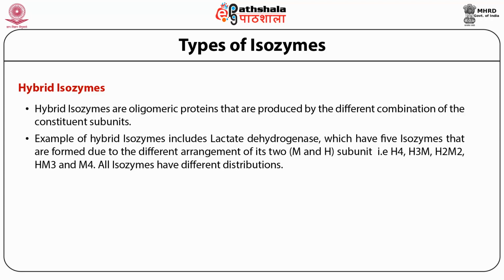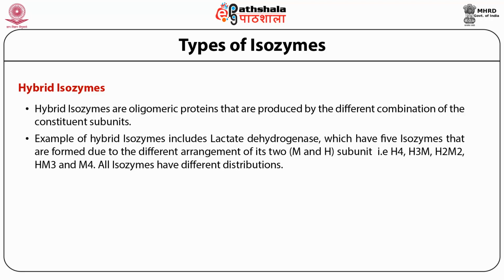If M subunits combine together, they form the M4 isozyme that is found in the muscles. With only H subunits, it produces the H4 isozyme which is present in the heart. And if we have different compositions of H and M, then we will have H3M, H2M2 and HM3 isozymes.